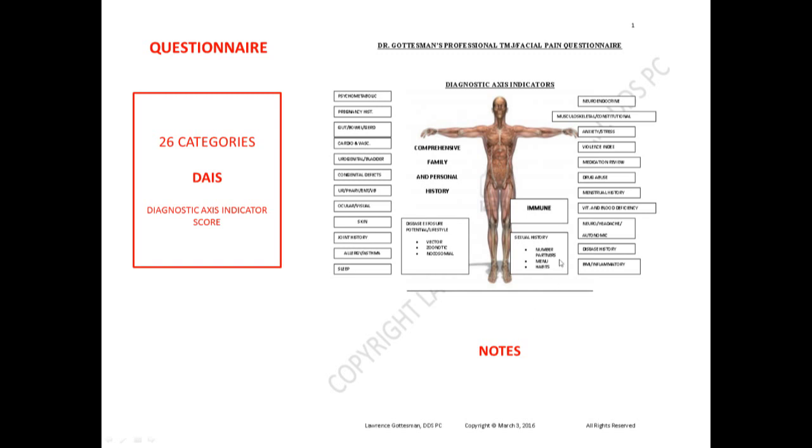You'll notice on the cover page there are currently 26 categories, and these categories provide me with what I call a diagnostic axis indicator score. 26 boxes, DAIS. If a patient has 26 of these boxes, you can presume that there is going to be a lot of illness in a lot of different categories.